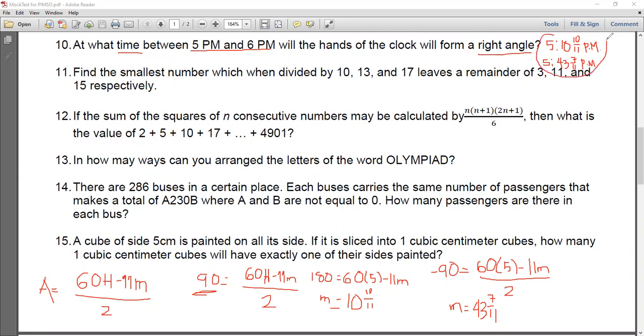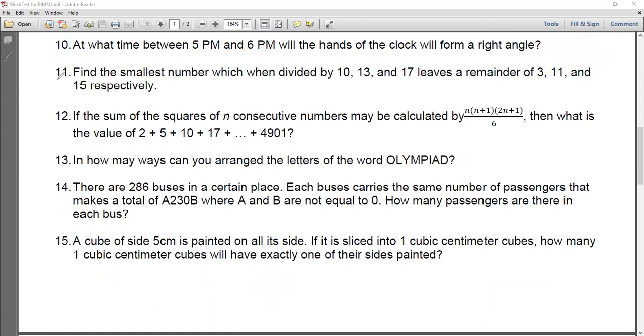So this is now the answer. Okay, so clear.